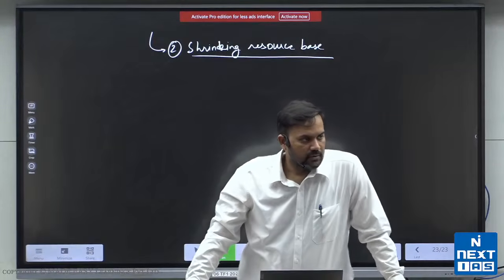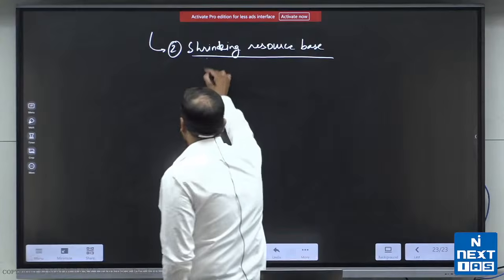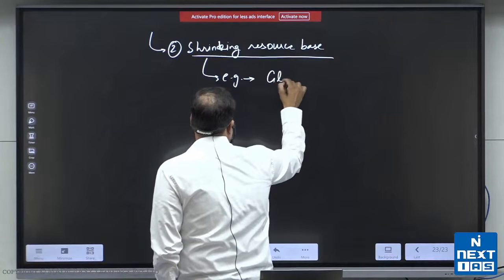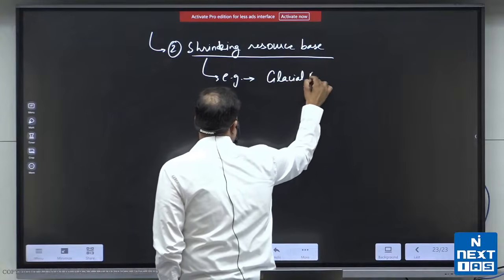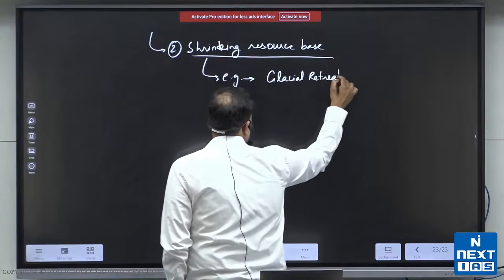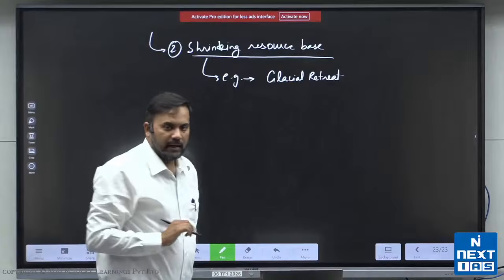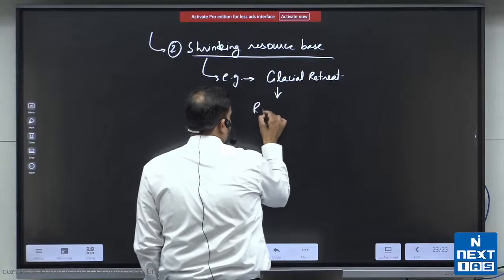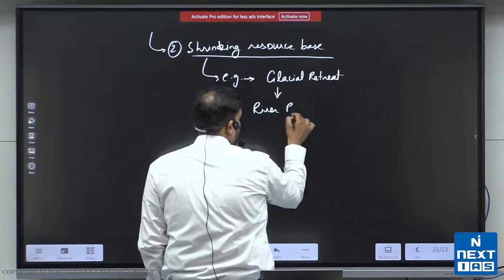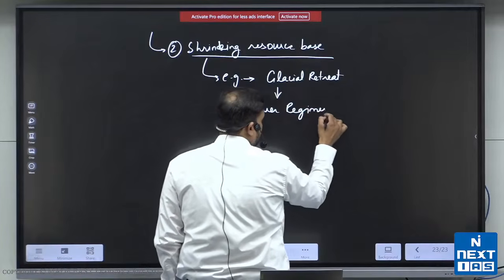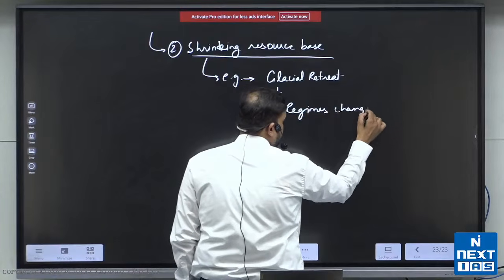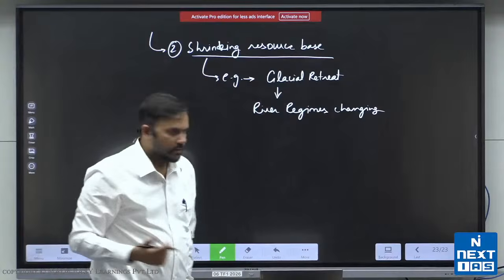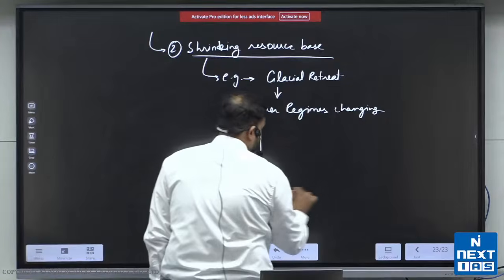Yes or no? So like I can give example that there is glacial retreat taking place, and due to glacial retreat, river regimes are changing. कैसे regimes change होंगी?